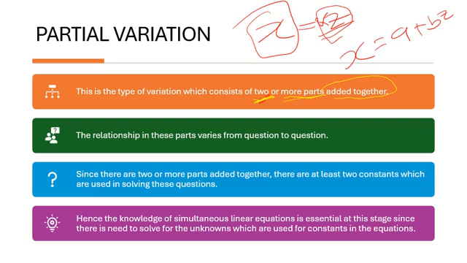Now, by the virtue of having two constants, it's obvious that we will have two unknowns, and those two unknowns will need to be solved. And how do you solve those two unknowns? It's through using simultaneous linear equations.